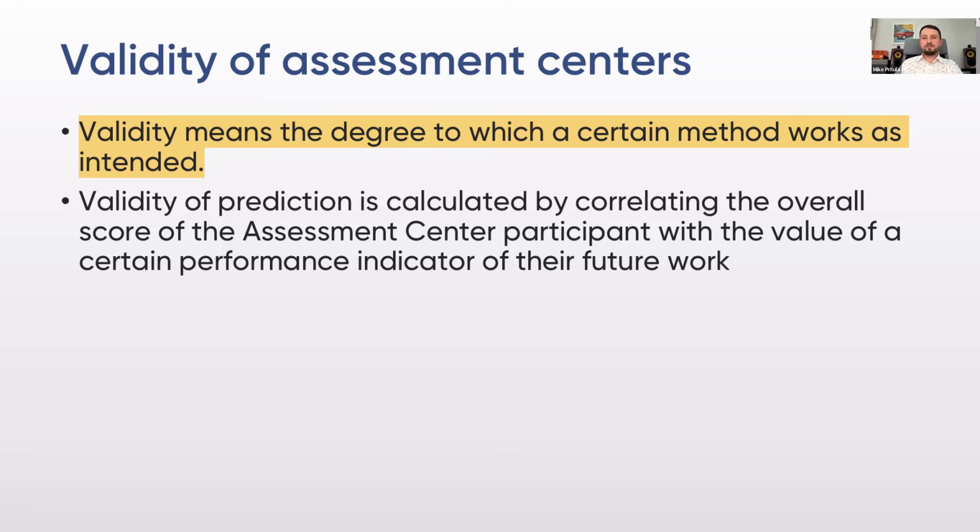Prediction validity is calculated by correlating the total score of the participant of the assessment center with the value of a certain performance indicator of his/her further work. In general, the validity of all instruments in an assessment is considered. For example, we hire some employees quite often, for example, sales reps.